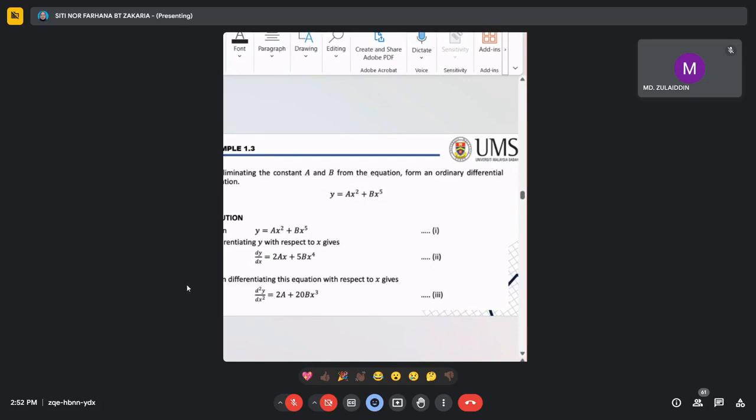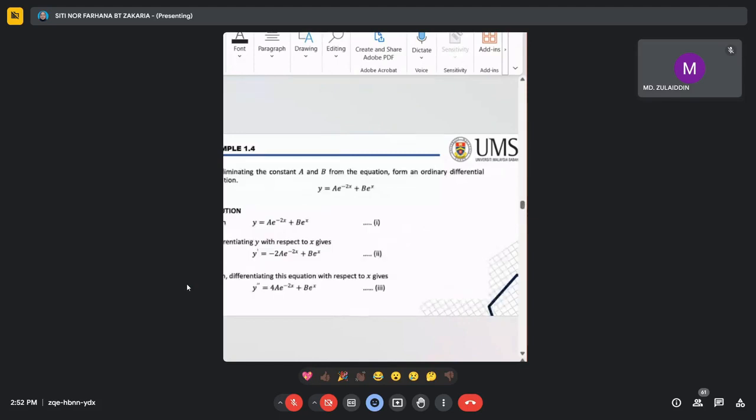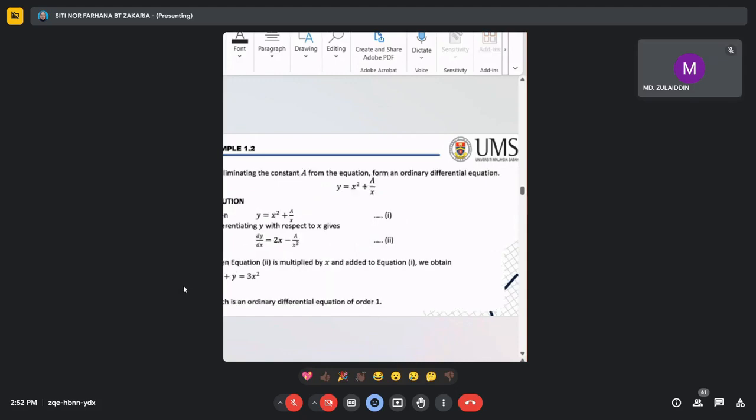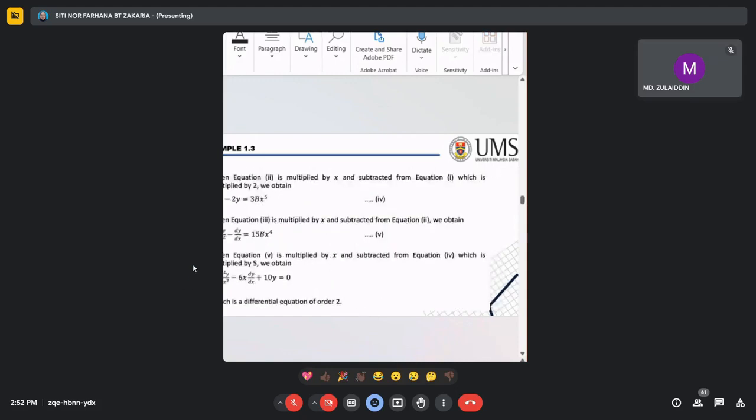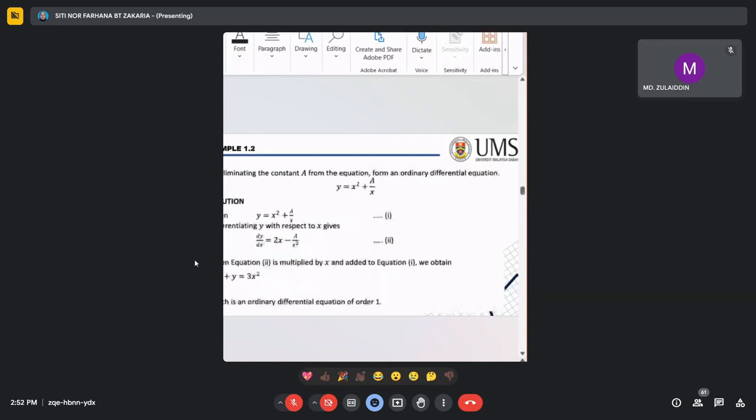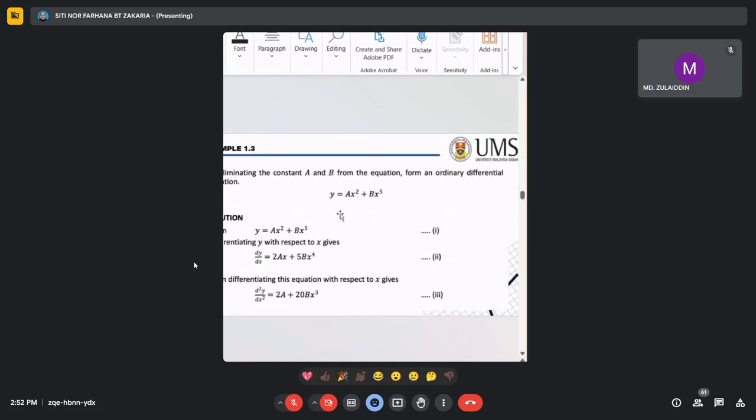In example 1.3, they give you the solution and ask you to find the DE, so you do differentiation, right? If a question asks you to find the solution to a DE, I mean reverse back, you cannot use the differentiate method, you need to do integration.